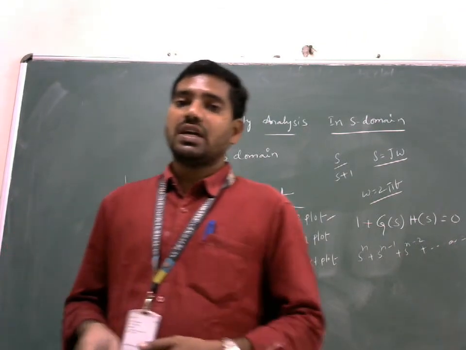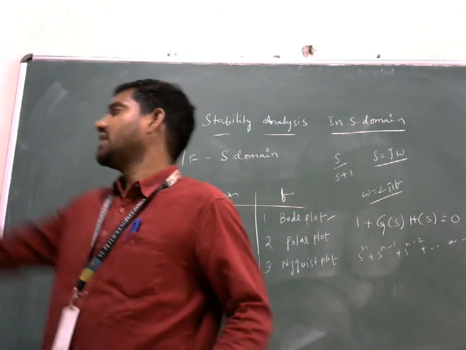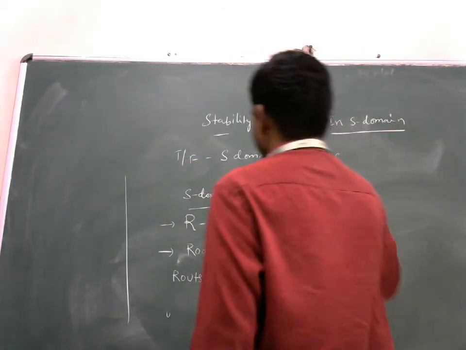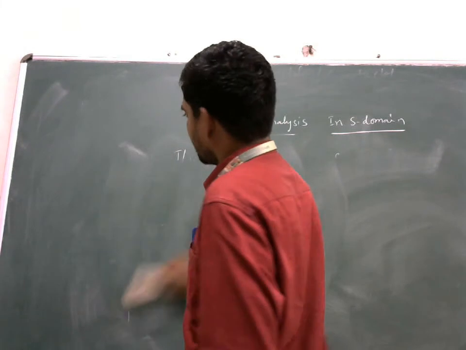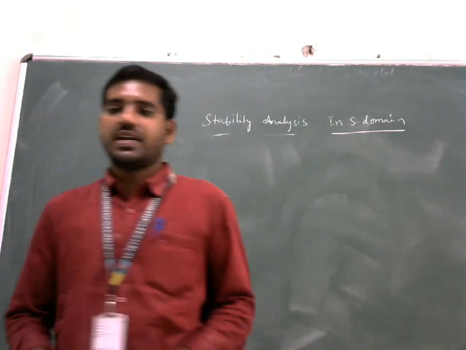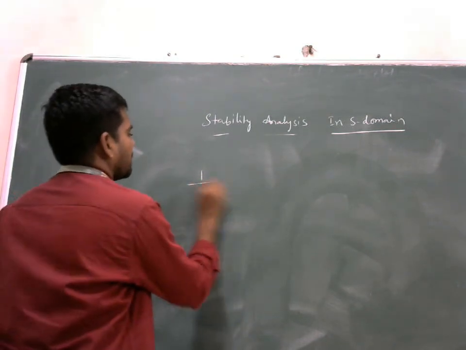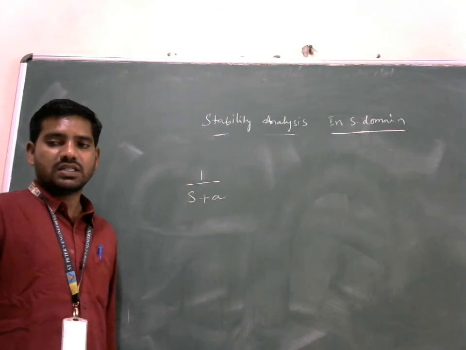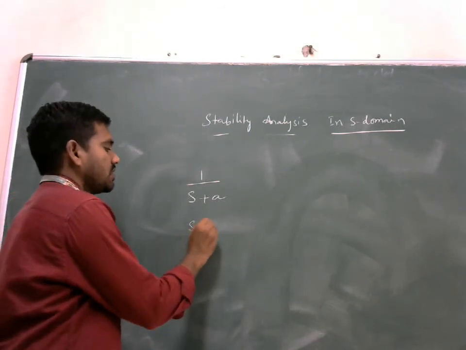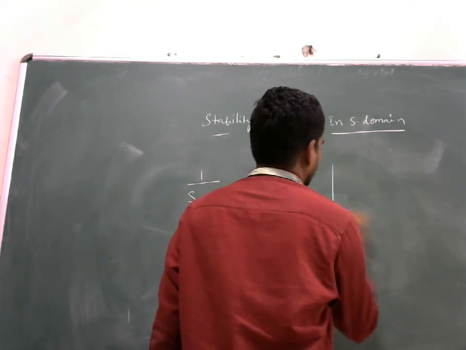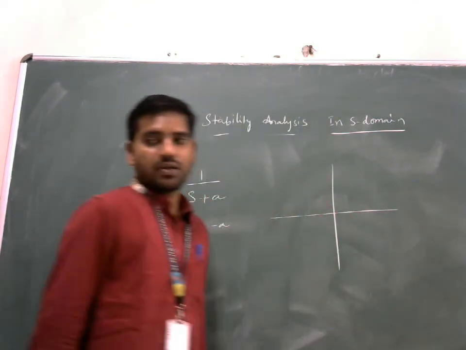Before going to that, in general, suppose I have a transfer function like this: 1 by s plus a. What is the pole? s is equal to minus a. Now take this as the S plane.